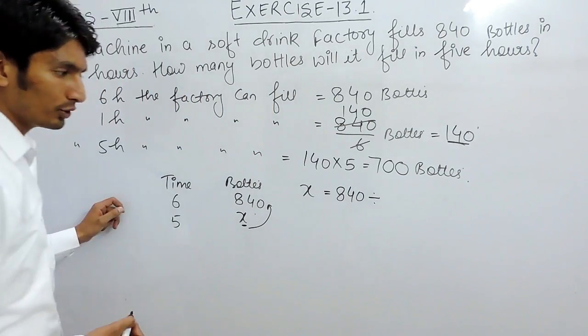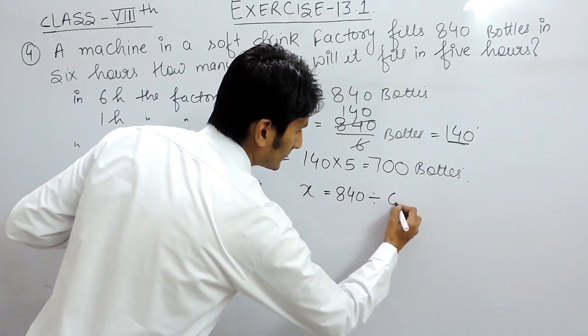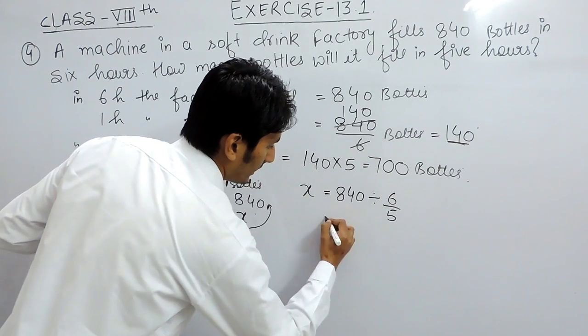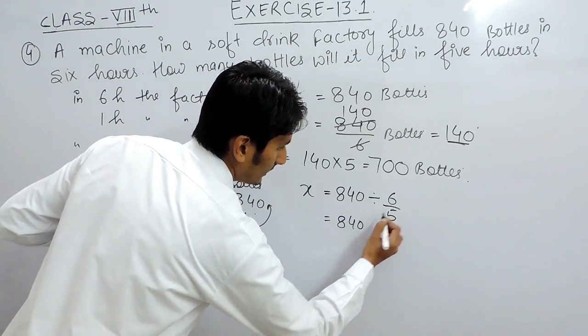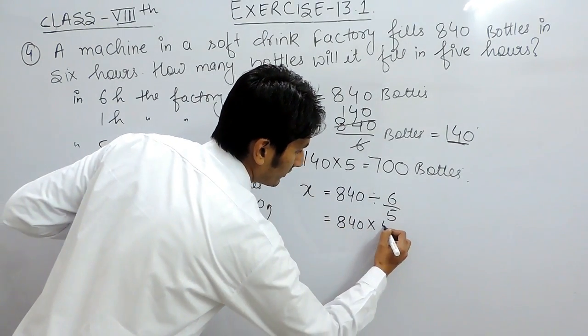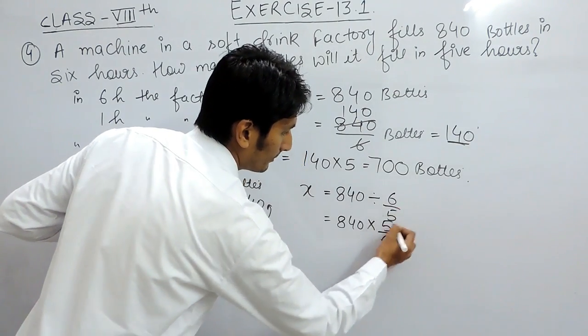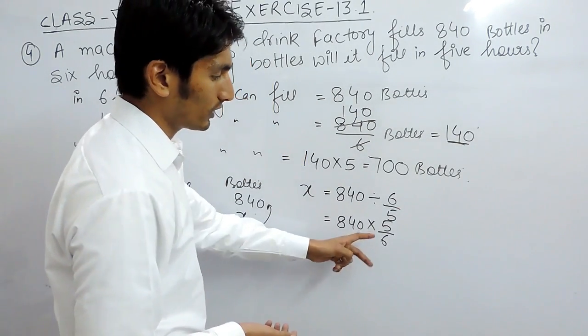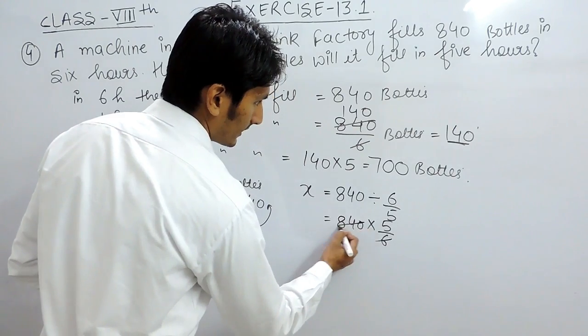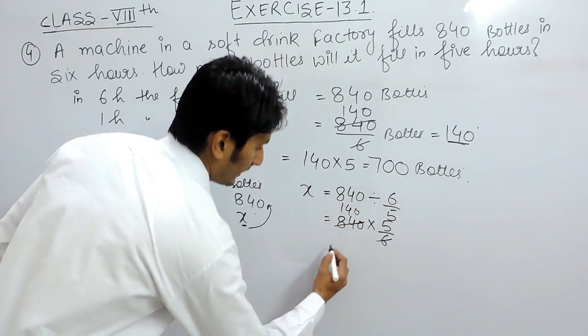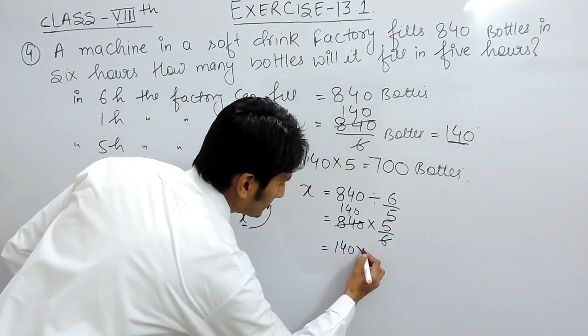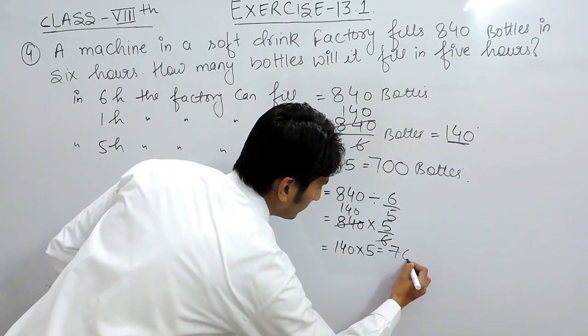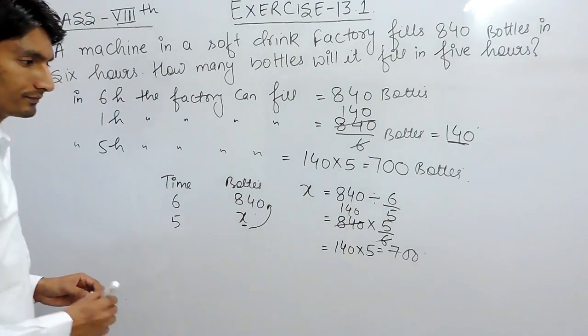Because this is direct proportion, we write 6 by 5, and this is 840. When division is converted into multiplication, the number on the right hand side gets reciprocal. So this is again 140, and 140 multiplied by 5 gives 700.